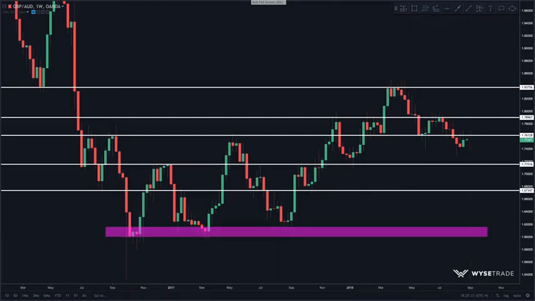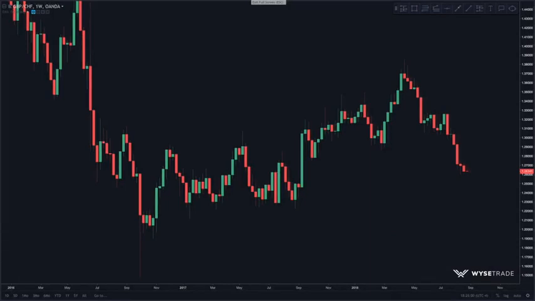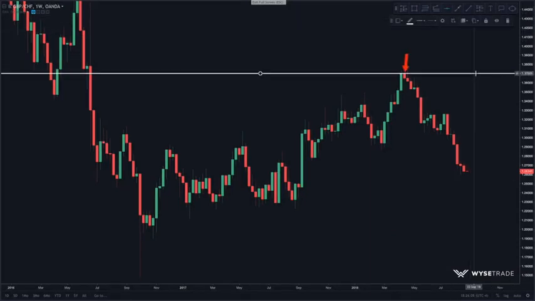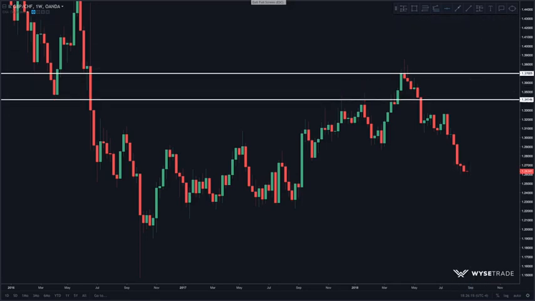So let's do this again on the pound Swiss. We have a swing high up here. And then 3 rejections and a level here. Next, we have this minor level here.